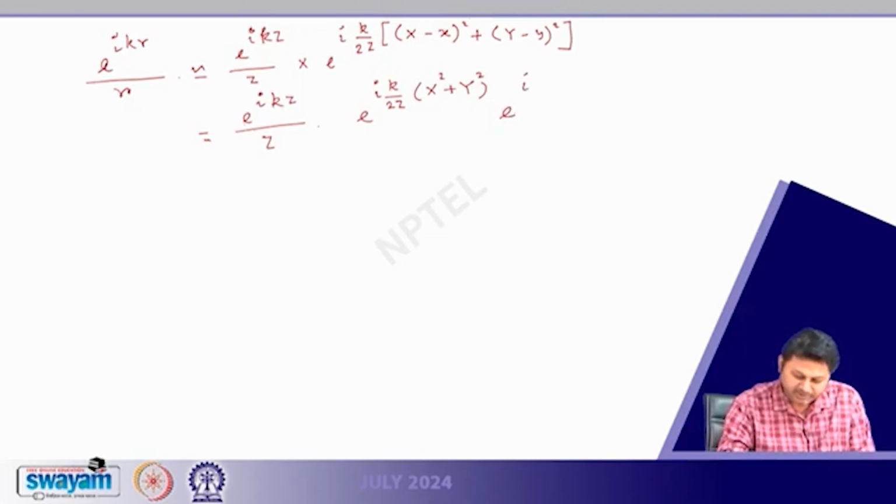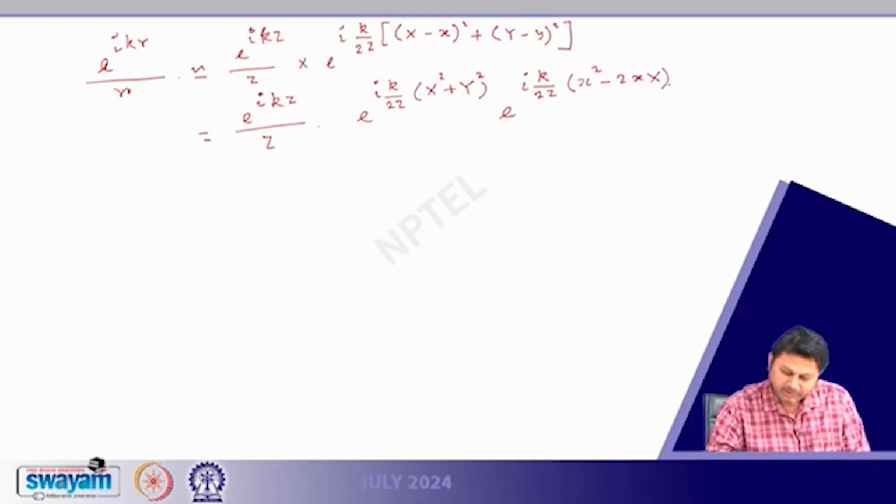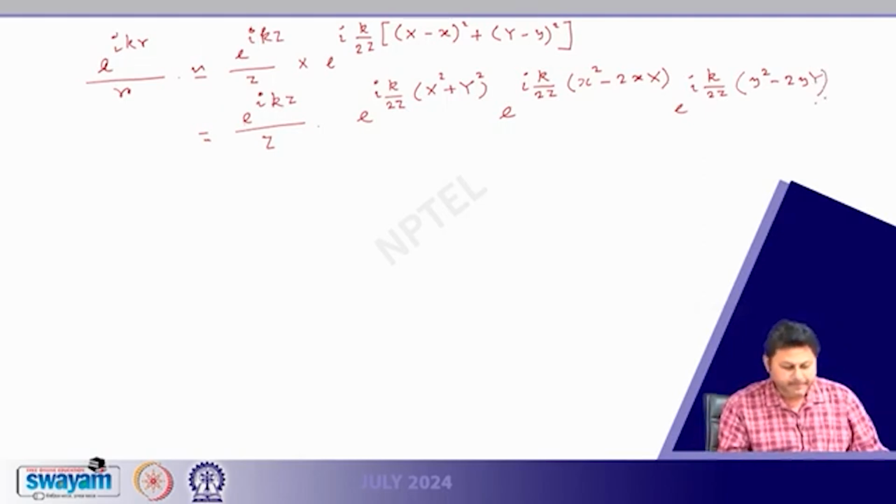So I write the rest of the term as e to the power of i k by 2z times small x square minus 2 small x big X, that is one term, and also I have e to the power of i k divided by 2z times the y terms.